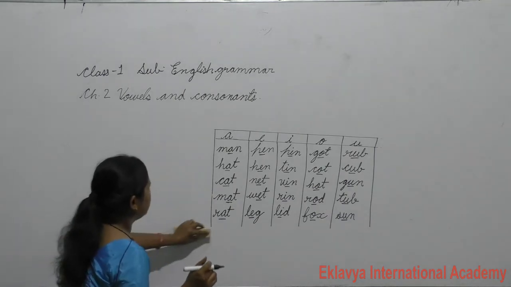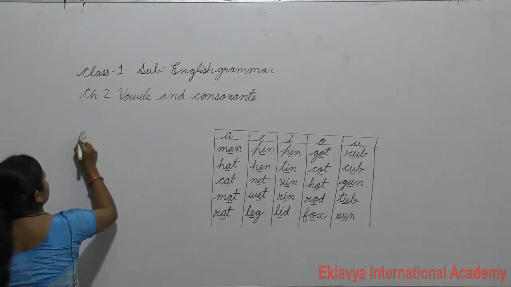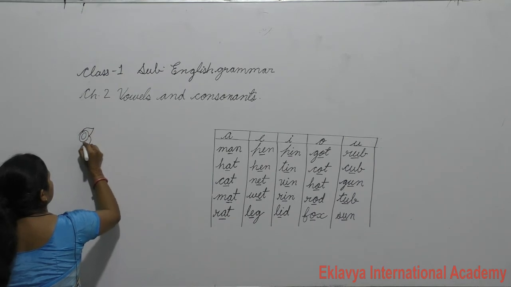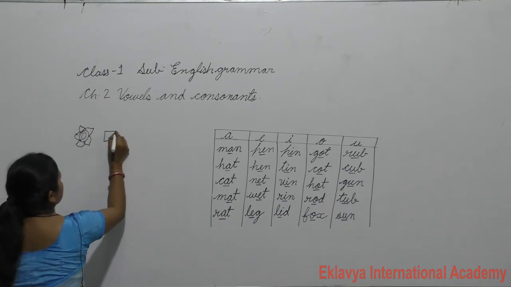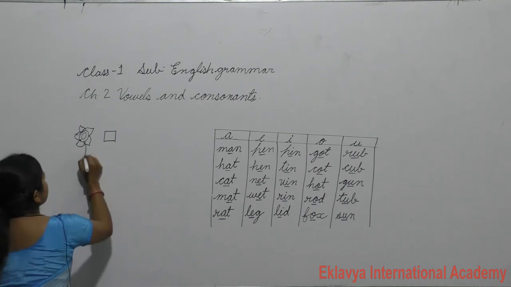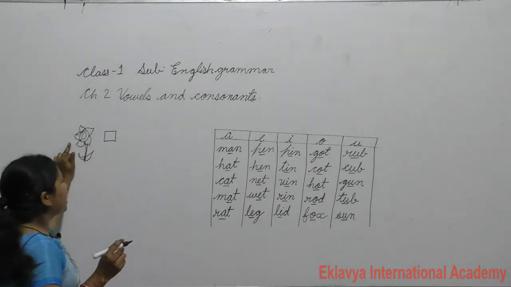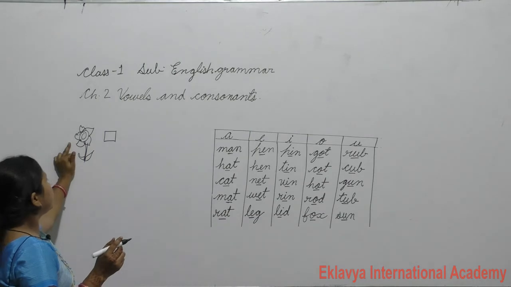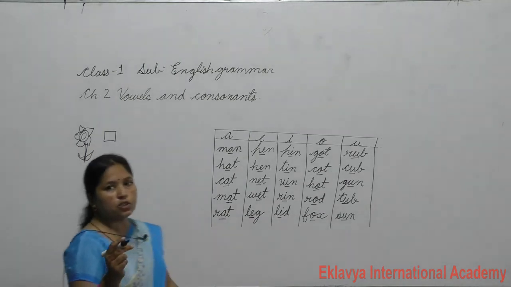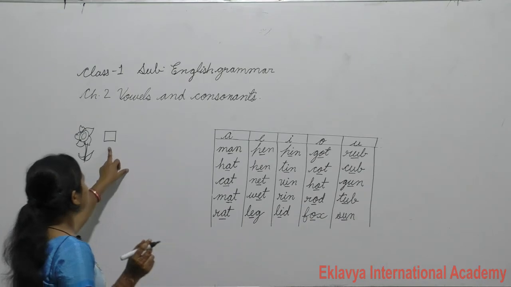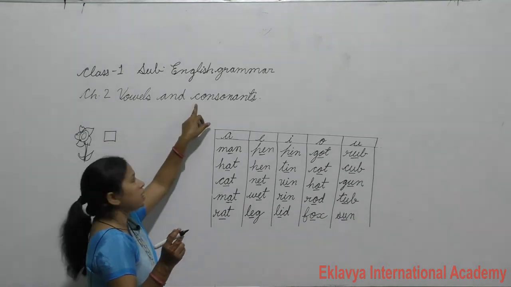Yes, look. Identify this picture. Flower, rose. So this is R. Is the R letter a vowel or a consonant? Understand this: V for vowel and C for consonant.